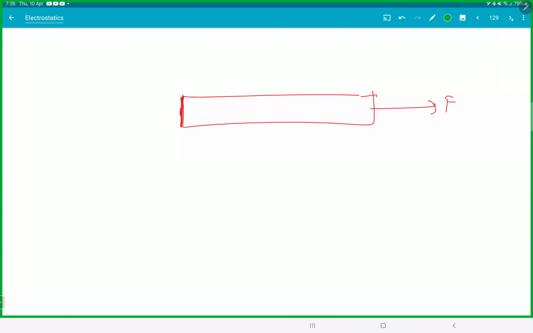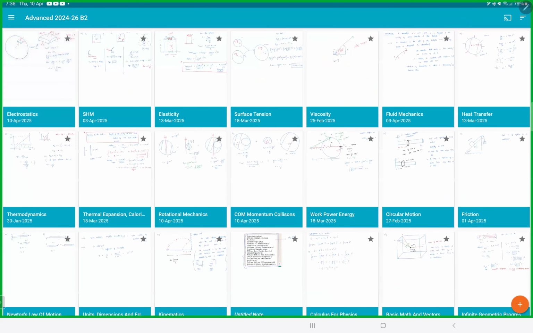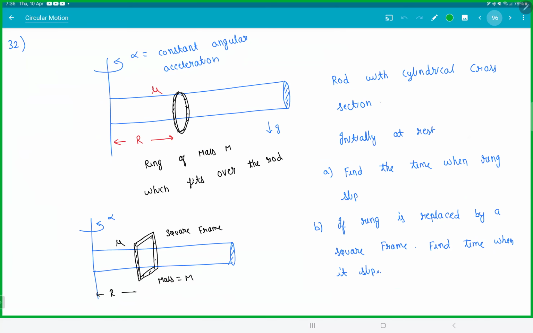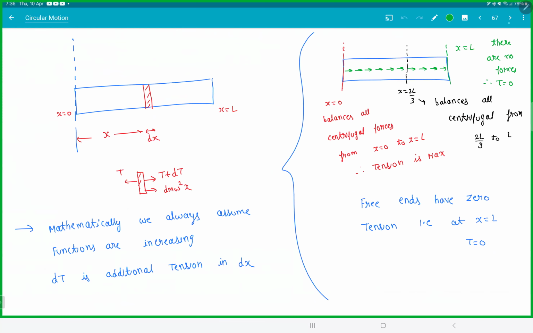Okay, see another logic. If I want tension here, what did I do? The tension here is pulling this much mass, isn't it? Isn't that the logic we use? So if I want tension here, whom are you pulling here? You're not pulling anyone. There's nothing there. So free ends will always have zero pressure. Be careful, quite a useful one. And this is not the first time you saw this. The first time you encountered it was in this problem, if you remember, 22. We wrote a statement here: the free ends have zero tension.